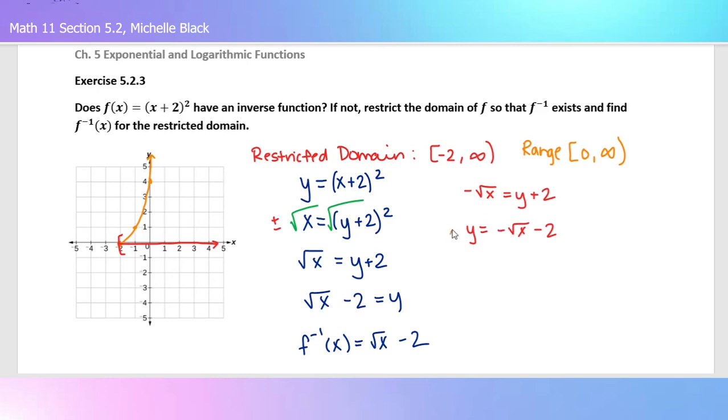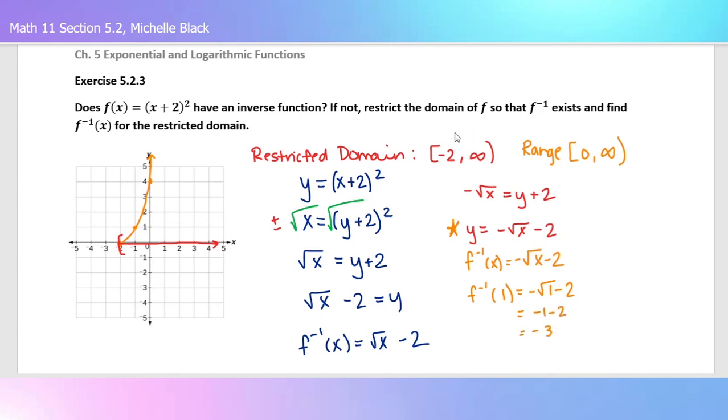So if this was my inverse function, I should be able to plug in values from my range and get back values in my domain. So let's say I plug in 1. Well, I get back negative 3.